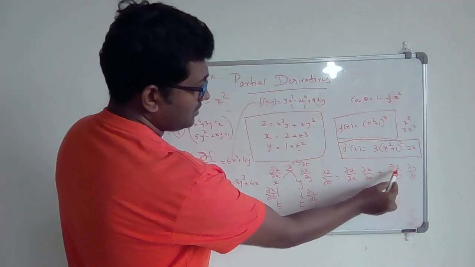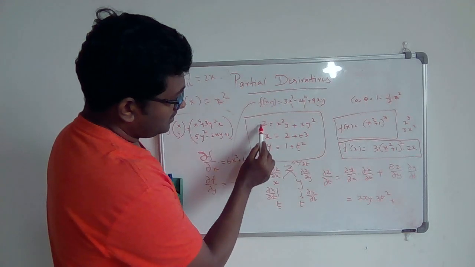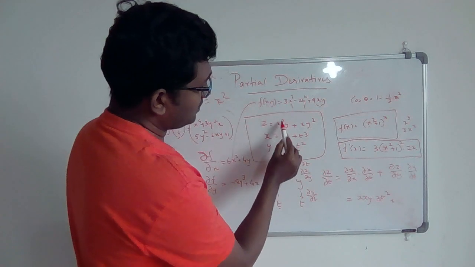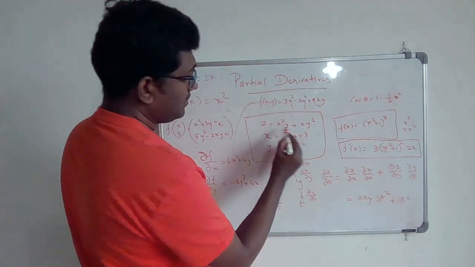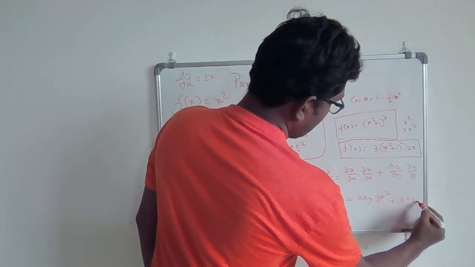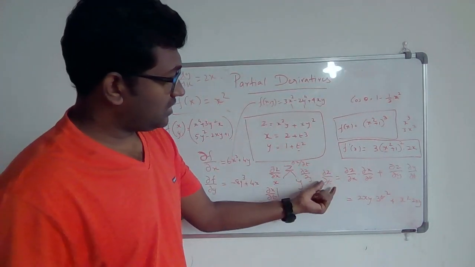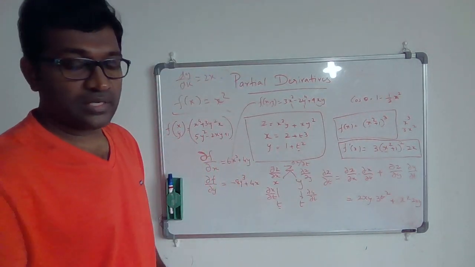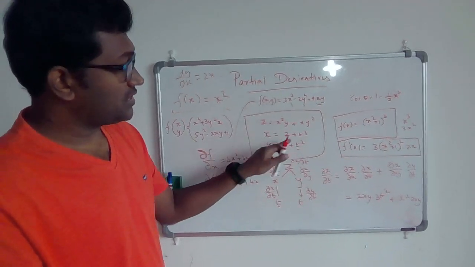Plus dou z by dou y, which means I'm taking this with respect to y, so I'm going to treat x squared as constant. So this becomes x squared, and this becomes 2xy. This is the derivative of dz by dt. If you add these two, you get the partial derivative of this nested function.